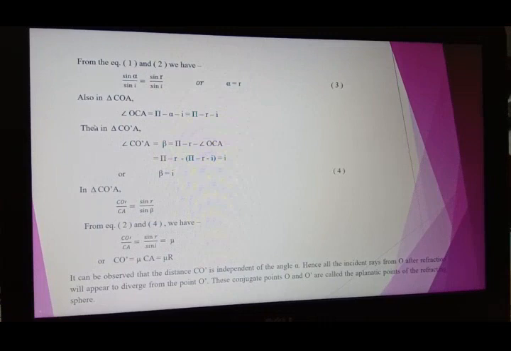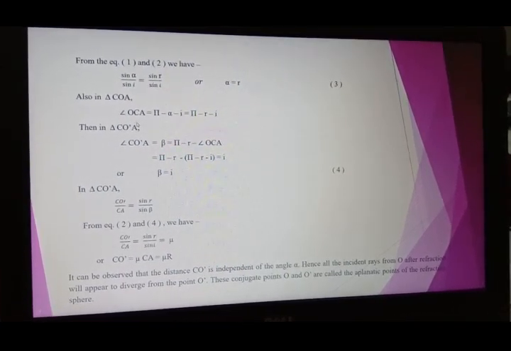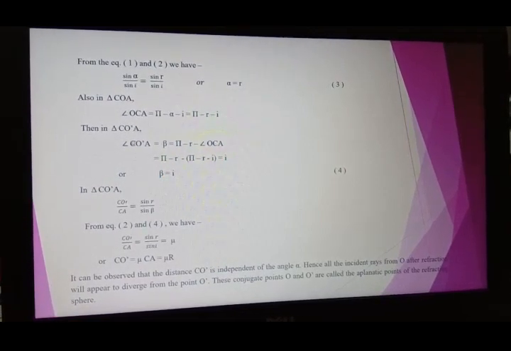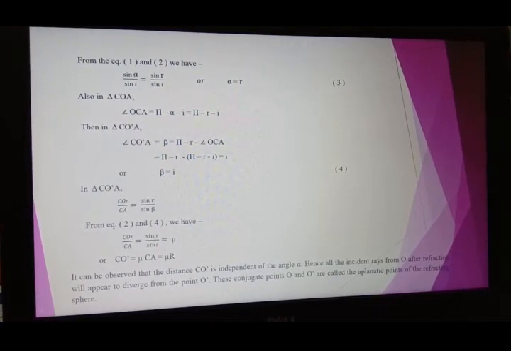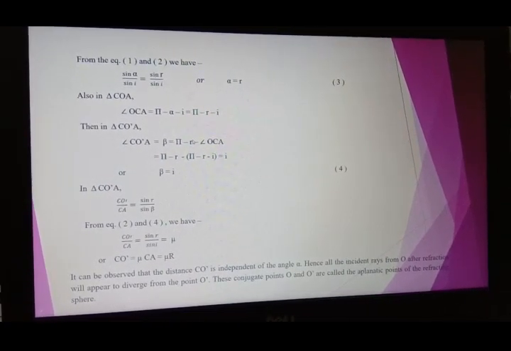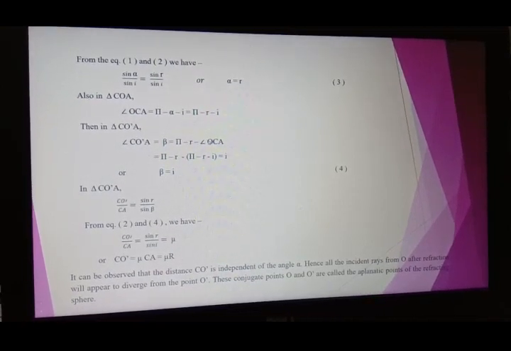Then in triangle CO dash A we write angle CO dash A is equal to beta, and this is equal to pi minus r minus angle OCA.